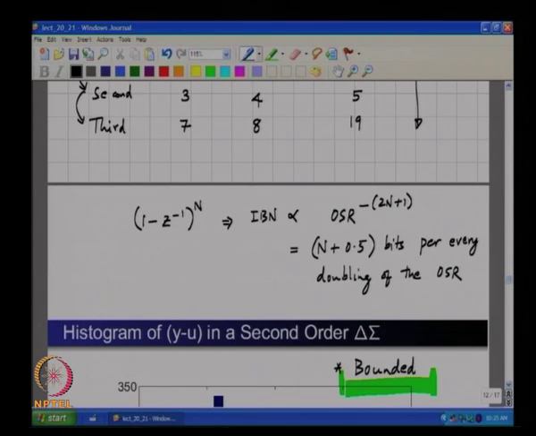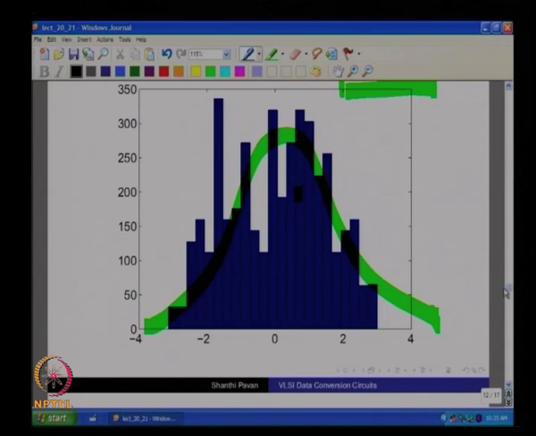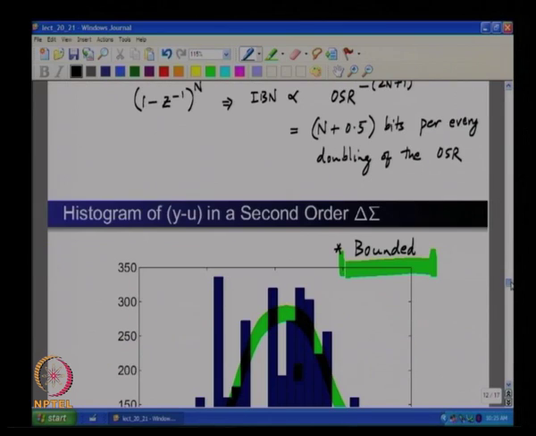Right. And as we saw during the last class, the input to the quantizer is noisy, with the transfer function from the quantizer noise process to the input of the quantizer being NTF of z minus 1.